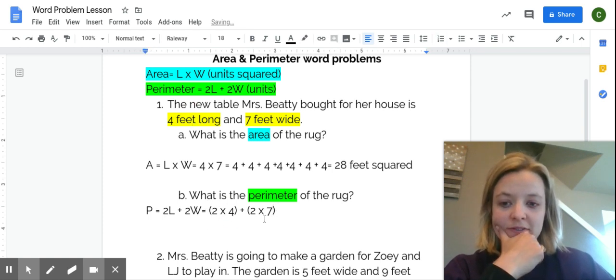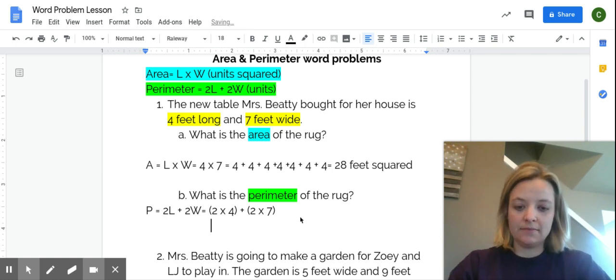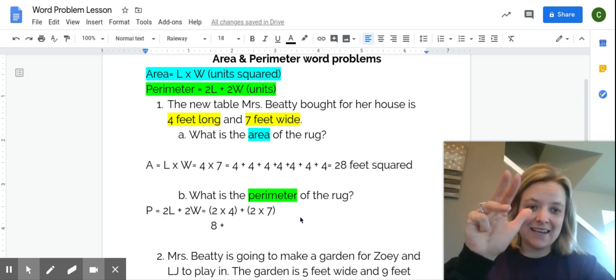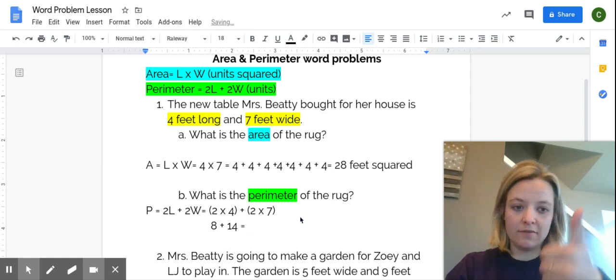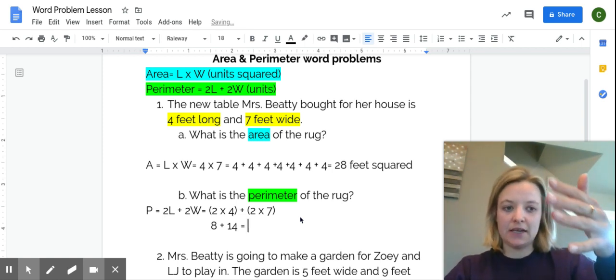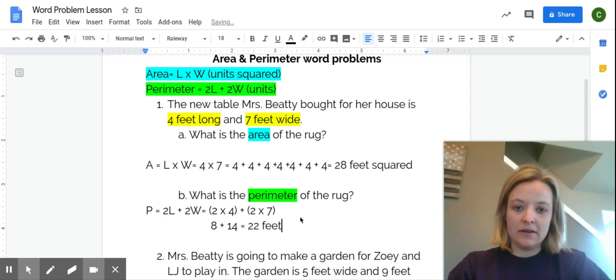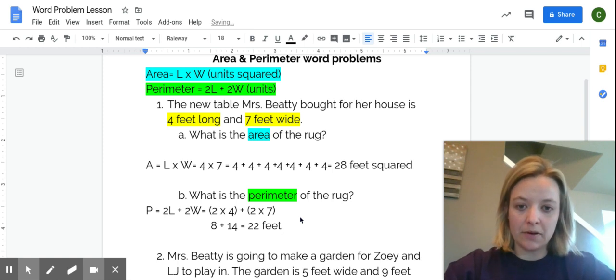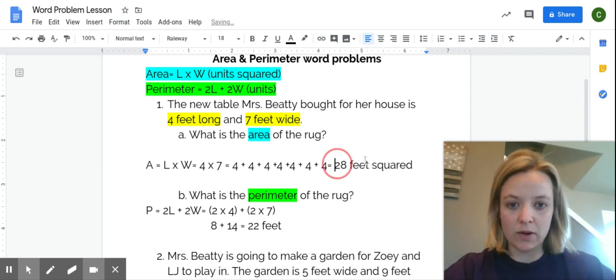So first things first, 2 times 4, 2, 4, 6, 8. 8 plus 2 times 7, 2, 4, 6, 8, 10, 12, 14. Now I need to add those two together. 14, 15, 16, 17, 18, 19, 20, 21, 22. 22 feet. So my perimeter is 22 feet and my area is 28 feet squared.